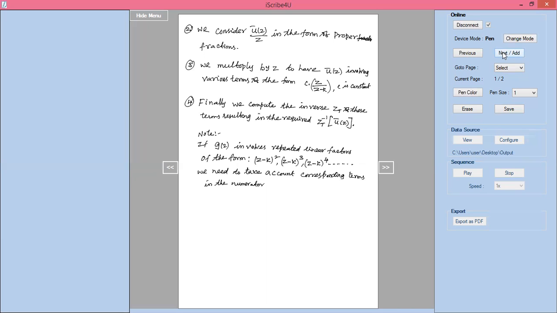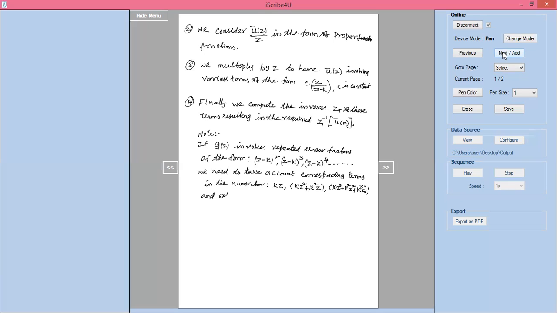First term, if it is z minus k whole square, that means in the numerator k z we have to take. Second term should be k z square plus k square z. Another one should be k z cube plus k square z square plus k cube z, and so on.